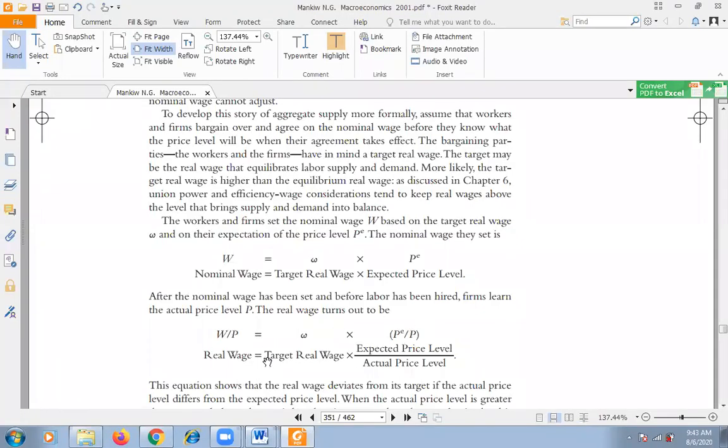Then we derive real wage: target real wage multiplied by expected price level divided by actual price level. When we divide both sides by the actual price level, we get real wage. This is nominal wage. When we divide nominal wage by price, we get real wage. The formula is over here.